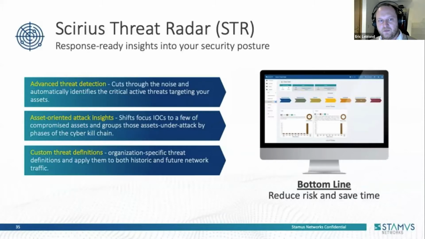So the first module I want to show you through Splunk is the Scirius Threat Radar. We introduced the Scirius Threat Radar in June last year. It provides advanced threat detection with a big shift in terms of concept, because the Scirius Threat Radar is not dealing with regular events like we can have with an IDS, but with events that have a time span.